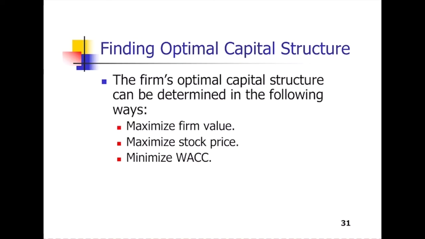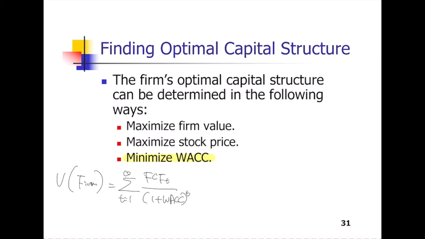So far we have looked at maximizing firm value and maximizing stock price. That is the optimal capital structure, and we can also say it is minimizing the WACC. Why? Do you remember, in the corporate value model, the firm value is determined by the free cash flow, and the denominator is the WACC to the power of t, sigma t equal to 1 to infinity.